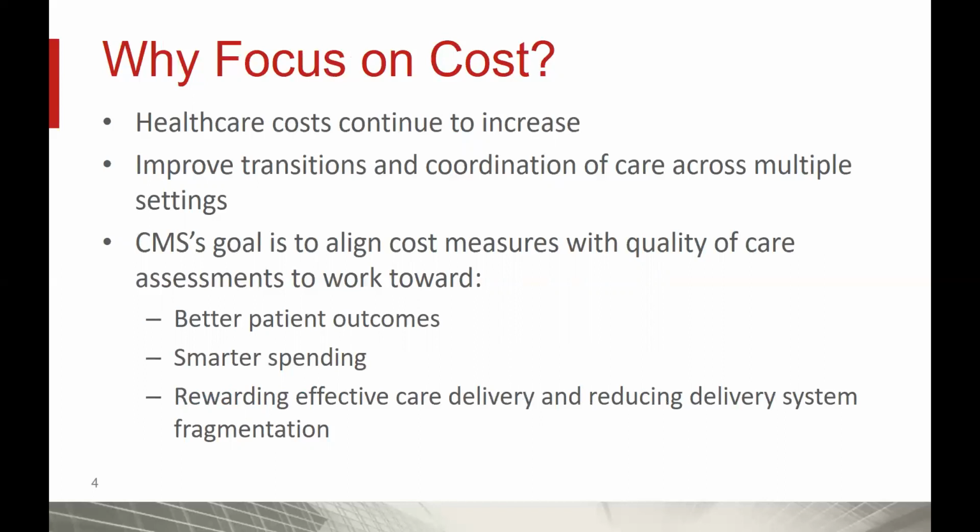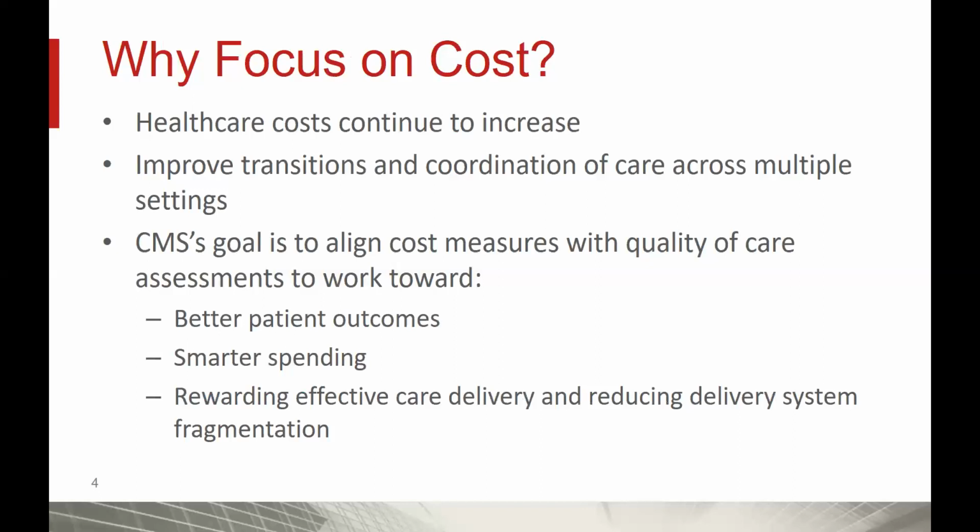CMS is hoping to improve care transitions and care coordination across multiple care settings. As you know, some of your patients might be chronically ill or may end up in a hospital admission and may need post-acute care.